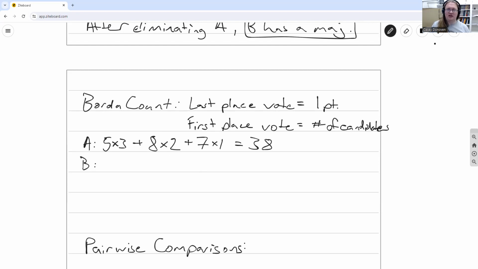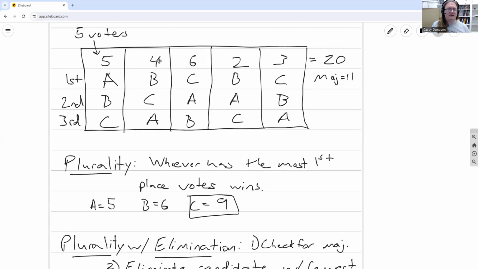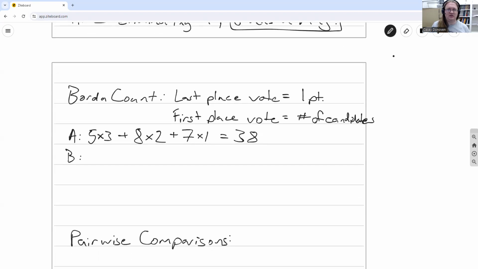B, on the other hand, I think will have slightly more. So B has 6 first place votes, 8 second place votes, and 6 last place votes.